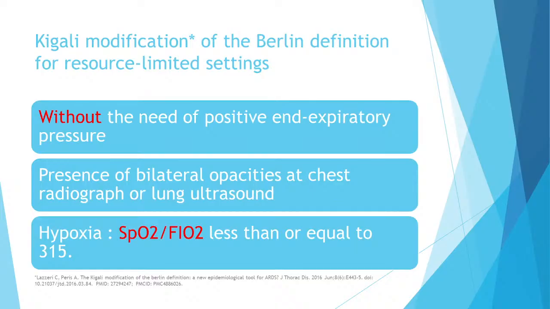The beauty of lung ultrasound is that not all centers have X-ray or CT, but a lot of centers have mobile ultrasound units. So that's why lung ultrasound was included to address resource limited settings. Similarly for hypoxia, rather than defining a PaO2/FiO2 ratio, they defined a SpO2/FiO2 ratio, and the cutoff was taken as 315 by comparing the PaO2/FiO2 and the SpO2/FiO2 graph.